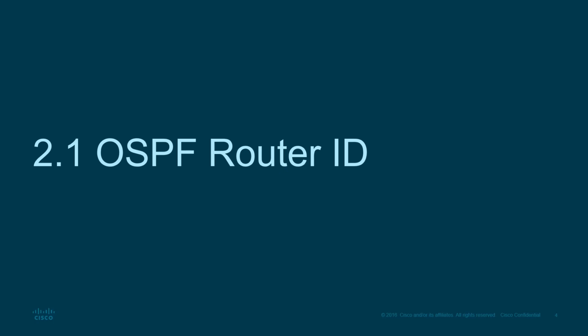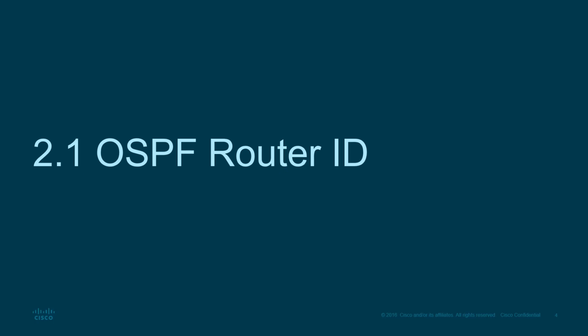What kind of router is that? ASBR, Autonomous System Border Router, right? That's basically your autonomous system border router, and when we talk about the autonomous system in OSPF, it's basically all the routers running OSPF within what we call the OSPF domain.